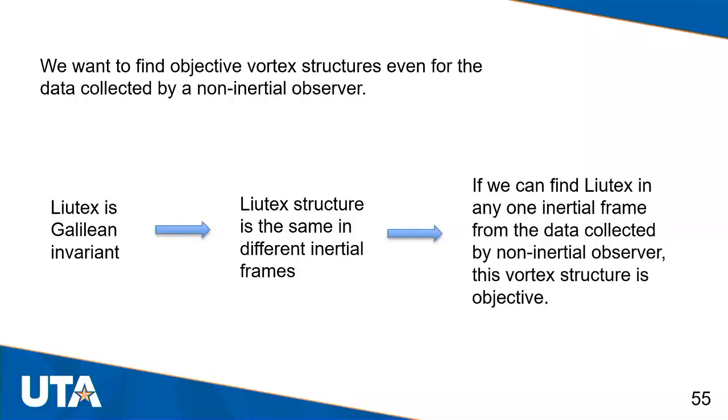And the idea is Lutex is Galilean invariant, so the Lutex structures will be the same in different inertial frames, right? So if we can find the vortex structure in one inertial frame from the data, then we solve the problem.